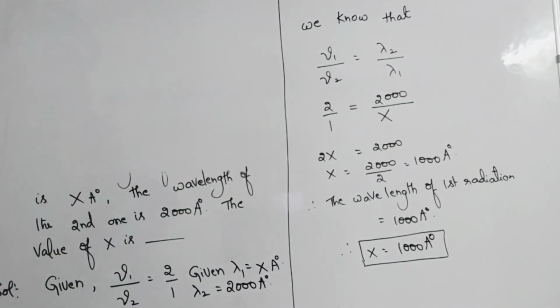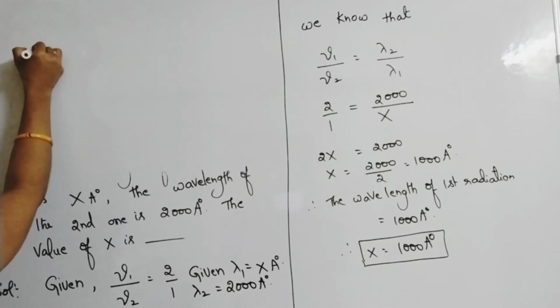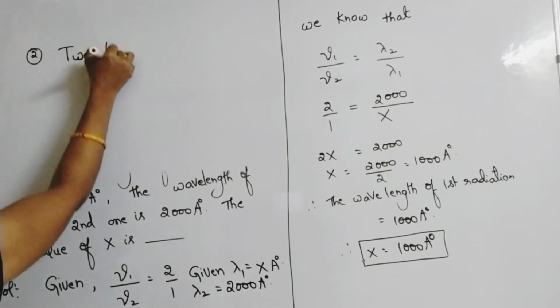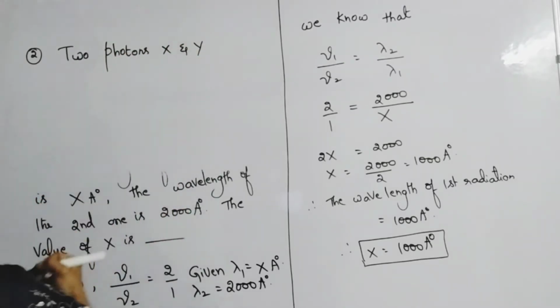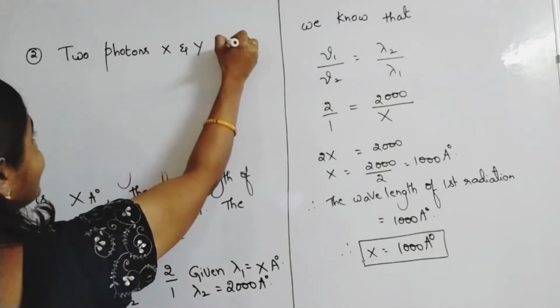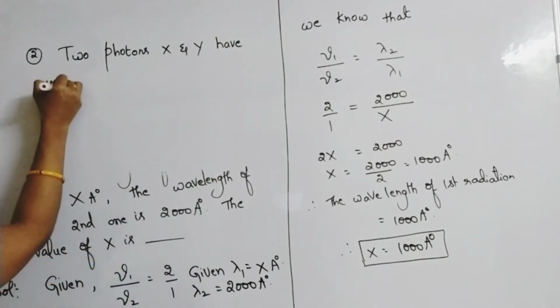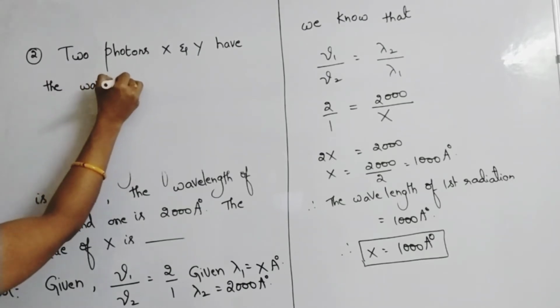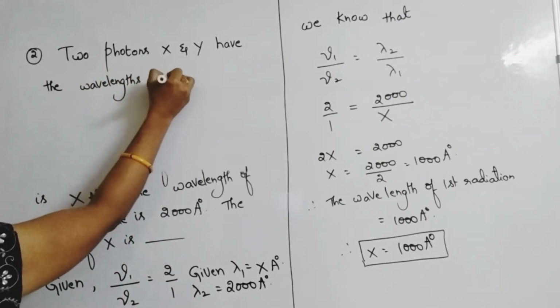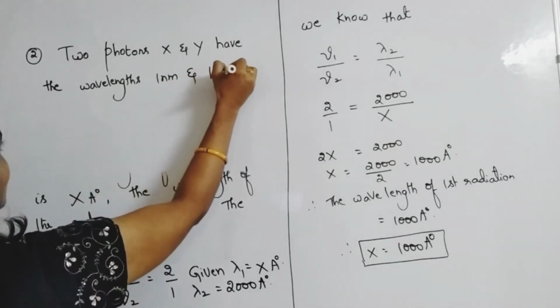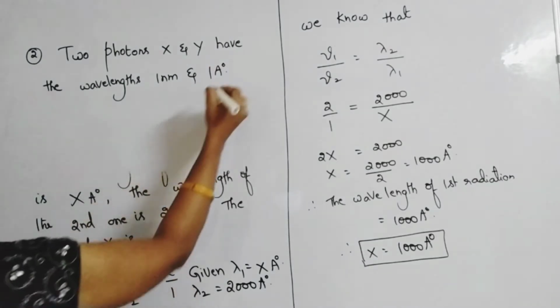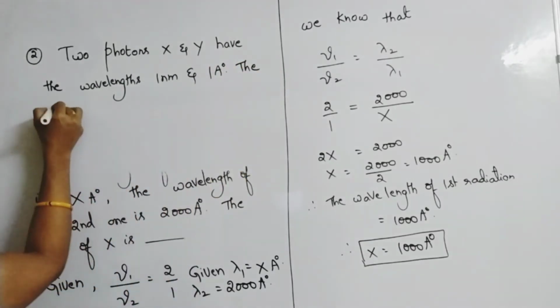Now what is the second question? Question number 2. Two photons X and Y have the wavelengths 1 nanometer and 1 angstrom.